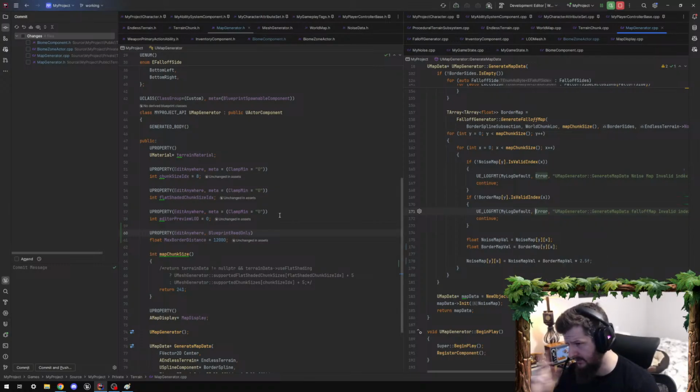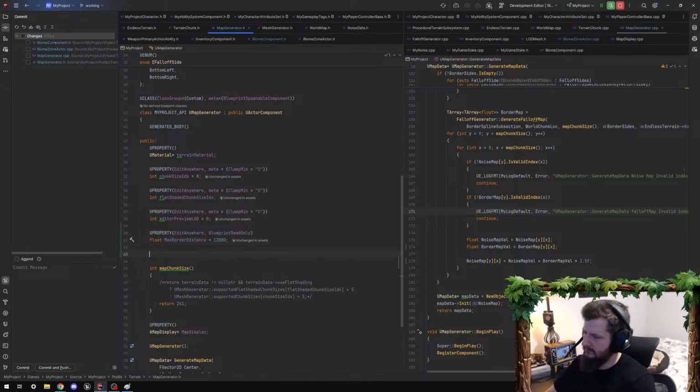And so what I'll also need is a max height, I believe. Or maybe it'll be a multiplier? Should it be a multiplier? I think it should be a multiplier.